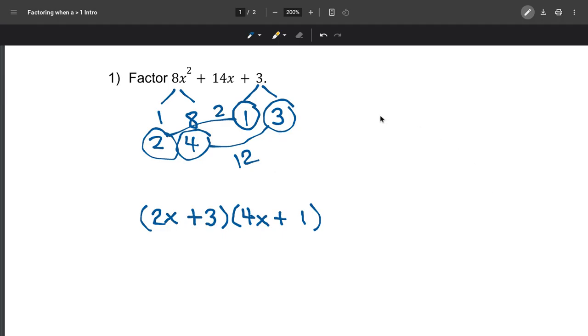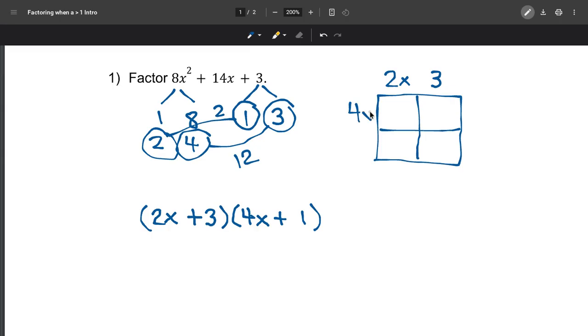Okay? And if we look at the Punnett square, if we check our work to make sure we've done this correctly, I'm going to illustrate why we need to put them in that particular order. So I have 2x plus 3 here, and then 4x plus 1 here. So 4x times 2x is going to give me 8x squared. We're going to get our first term. 1 times 3 is 3, so we're going to get 3 here.